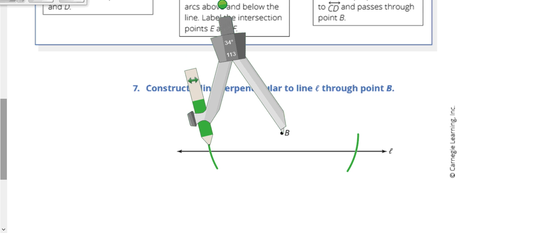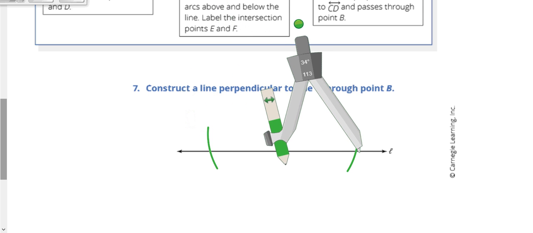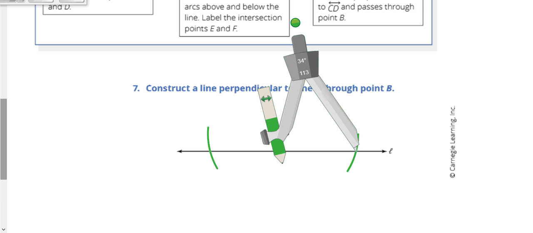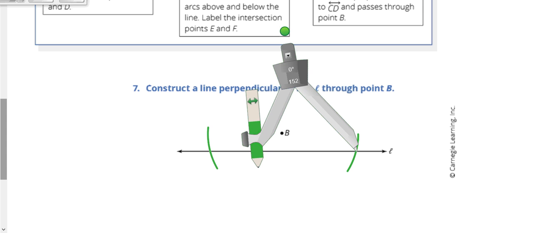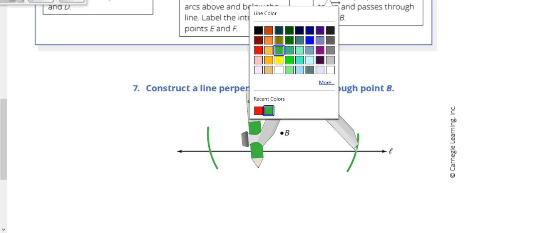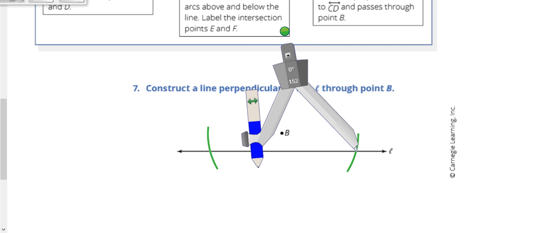Okay. Now I have my intersecting arcs with the line L, so I just pick my compass up, I put it on where those two intersect. I stretch my compass out a little bit. I'm going to change colors here just so that it gets a little bit easier to see.